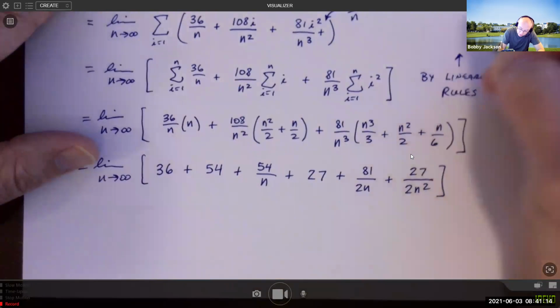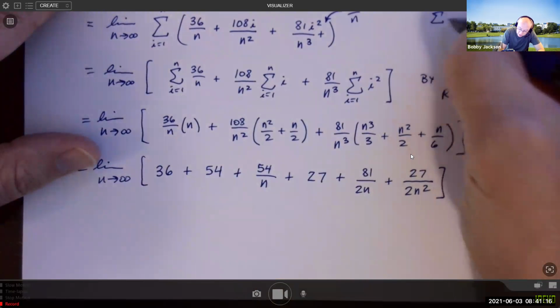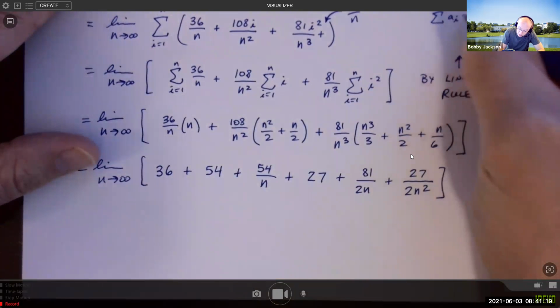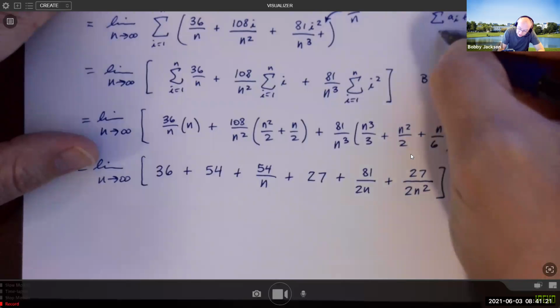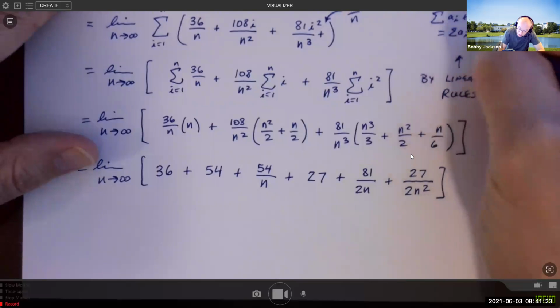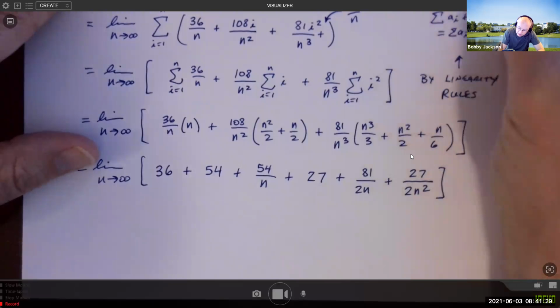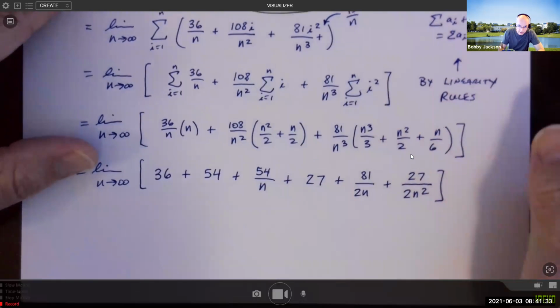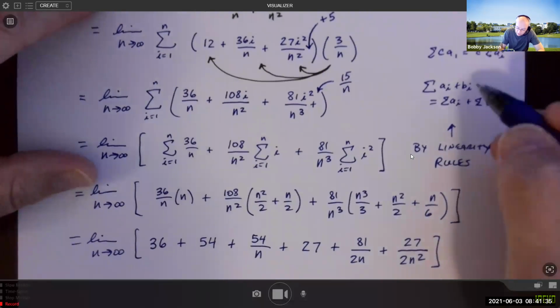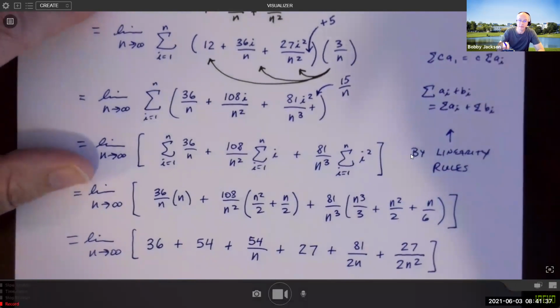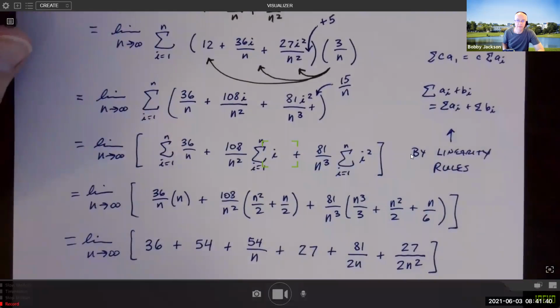So remember, the linearity rules say that the summation of a_i plus b_i is the summation a_i plus the summation b_i, and it also says the summation of a constant times a_i is the constant times the summation a_i. So those are the two basic linearity rules that we have there.